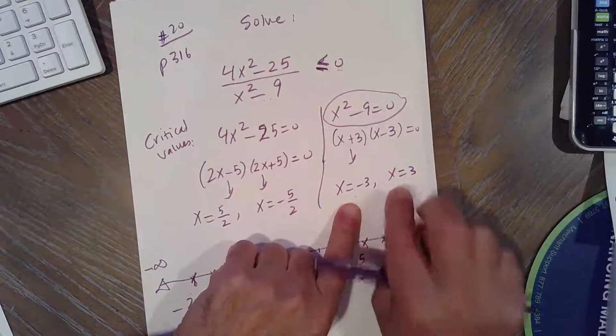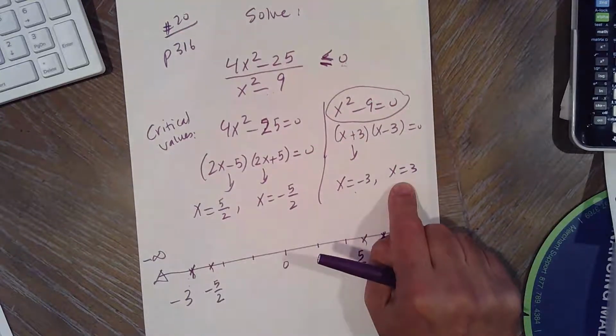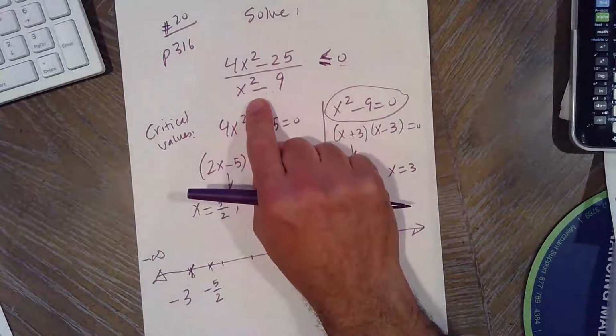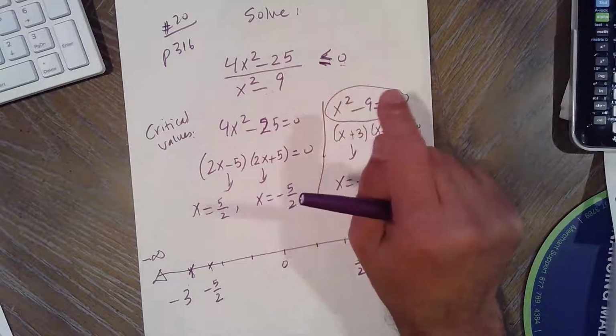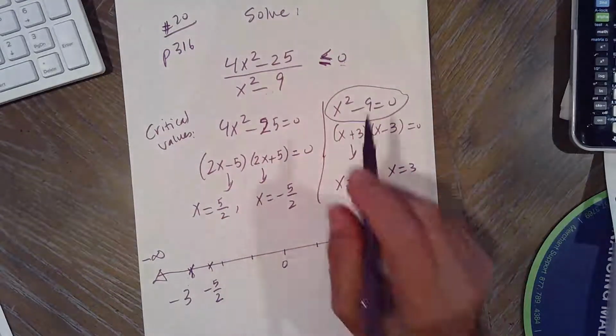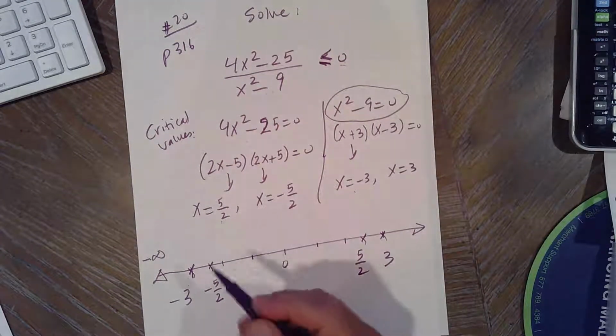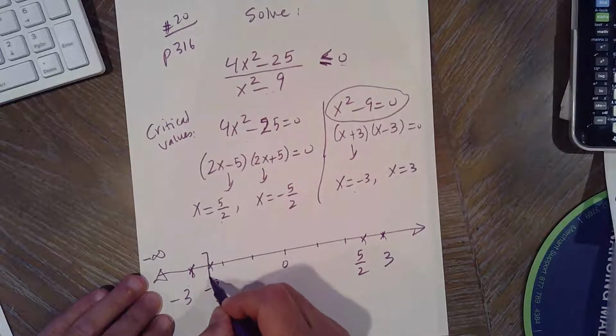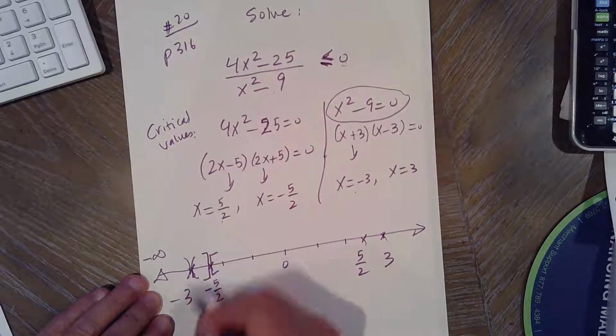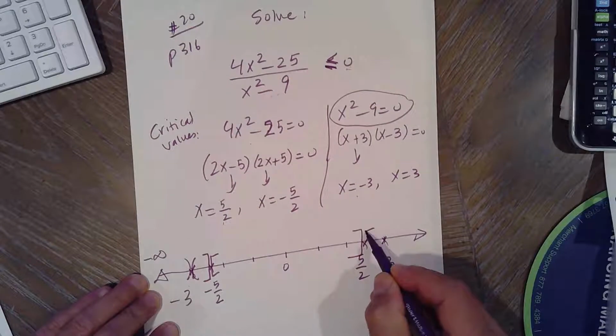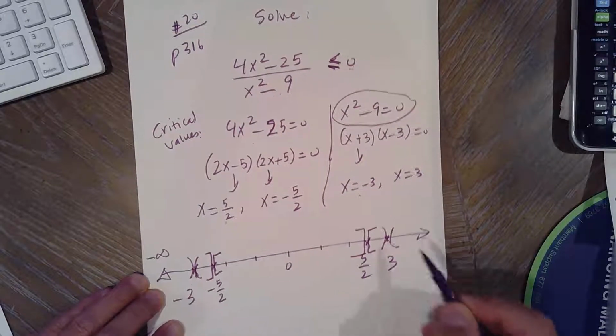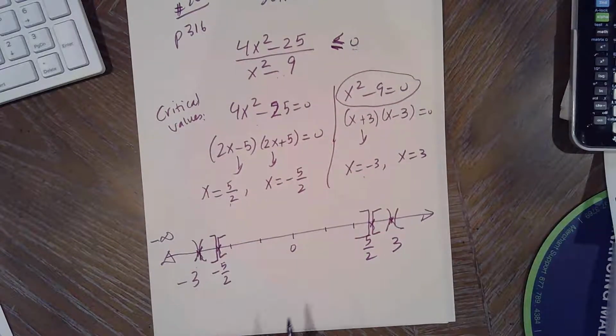So these have to always have parentheses. Why? Because if you put a 3 in there, you get 0 in the denominator, the whole thing is undefined. Okay? So you're going to have brackets at 5 over 2 and negative 5 over 2, and parentheses at the 3's, because your answer cannot include 3 or negative 3.